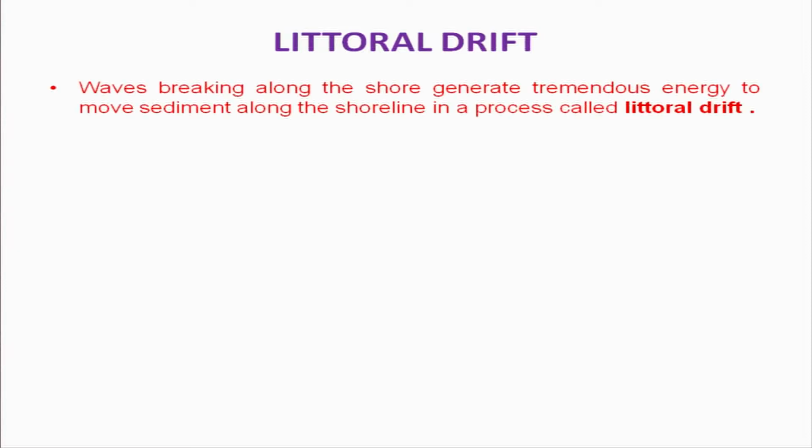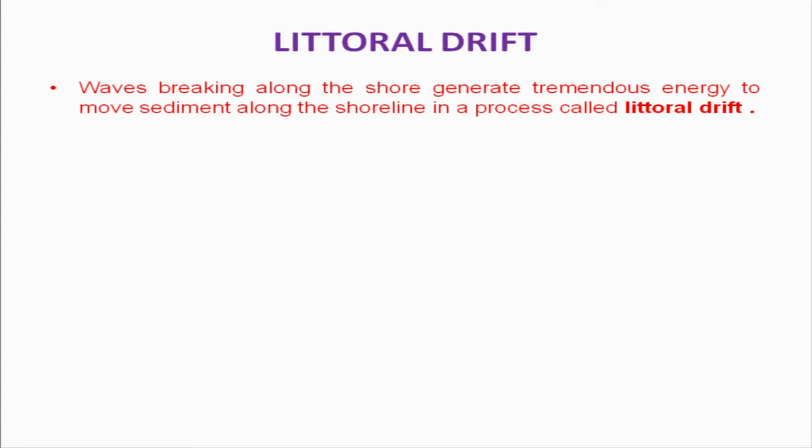Now coming to this part of the littoral drift, usually what we see is the waves breaking along the shore generate tremendous energy to move sediments along the shoreline in a process called littoral drift.